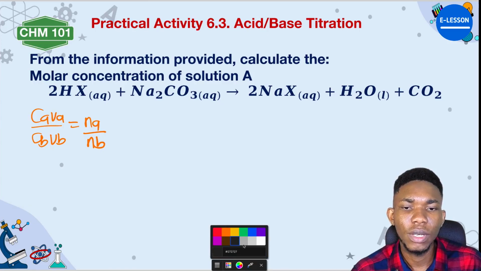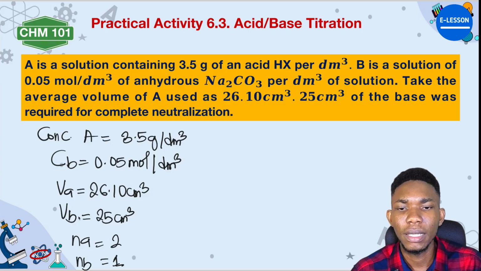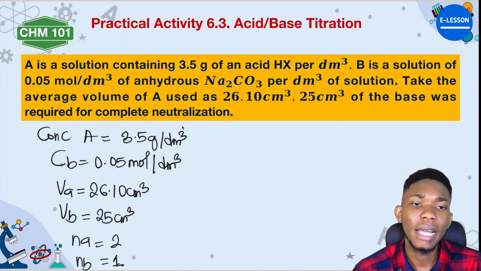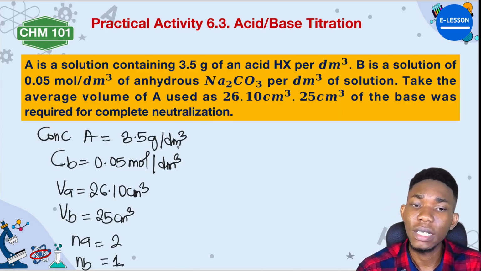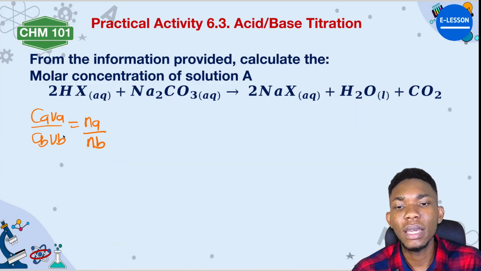My dear student, what are you going to have? It's very easy. What is our Ca? I think that is what we are looking for, because the concentration was given in gram per dm cube. Maybe if you knew the molar mass, you would have just calculated it straight from here, but you don't know the molar mass because they gave you HX. You don't know what X is yet. So Ca is what we are looking for.